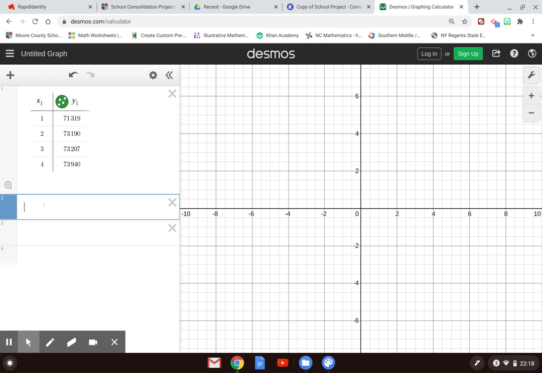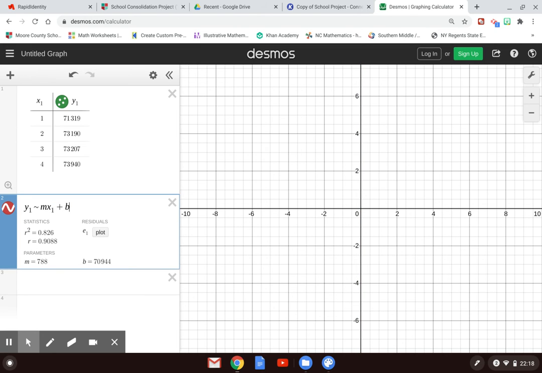So we'll add our expressions. So y1 tilde is approximately mx1 plus b. So again, here are your parameters. M equals 788, so your rate of change is 788.